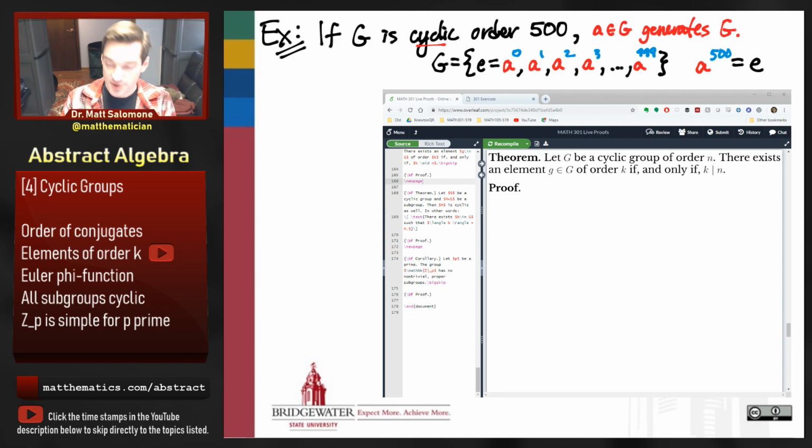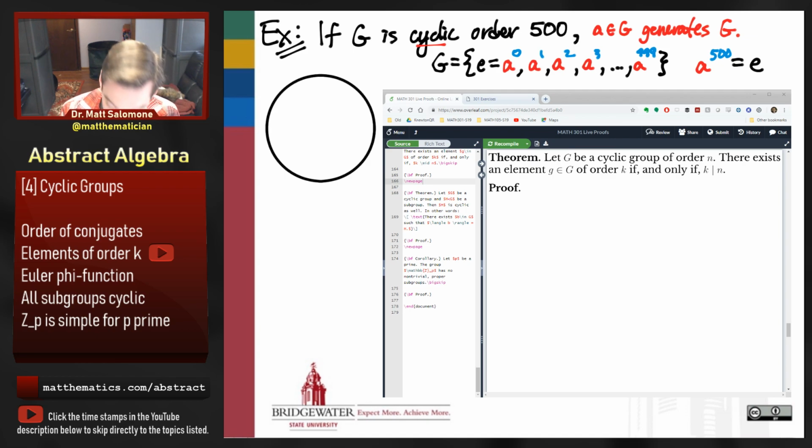And so the picture, again, is that these powers of a are just the points arrayed around a 500-hour clock. Remember how I like to say that every single finite cyclic group can be thought of as just being elements arrayed around the face of a clock, and the arithmetic just being the adding of hours on that clock.